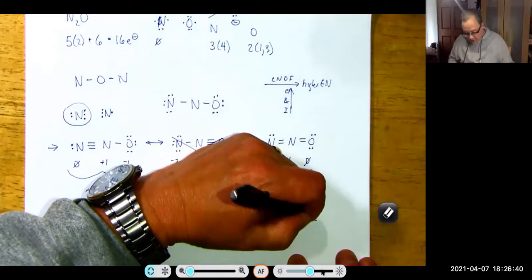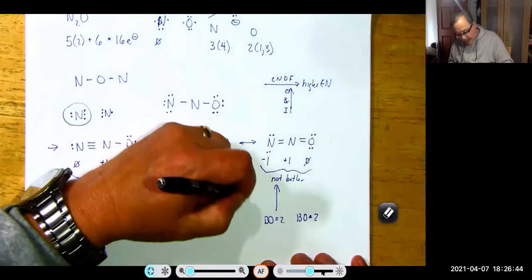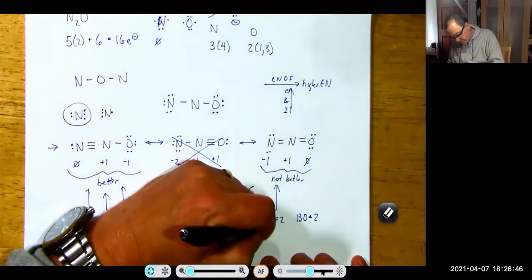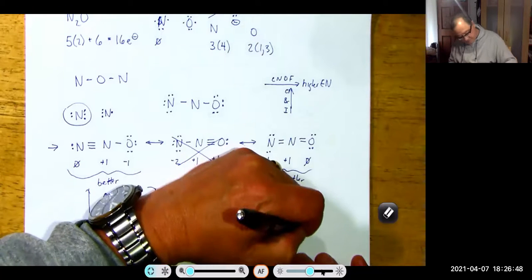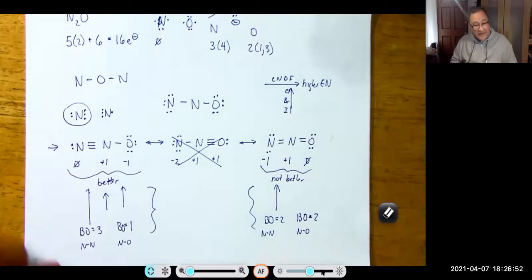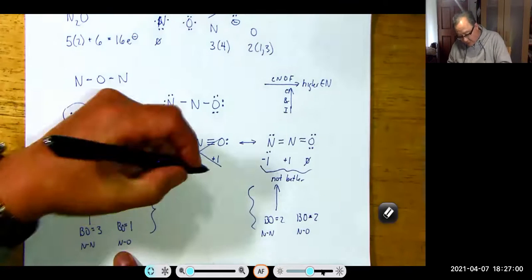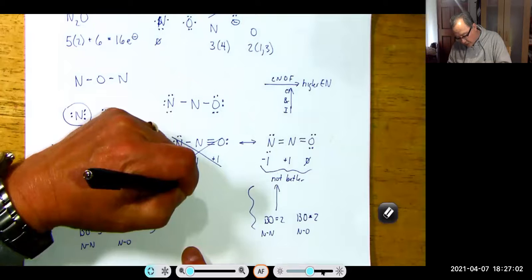Now, when the structures are equal, the actual bond order is averaged. So here I'm just putting NN and NO so that we know it's between nitrogen and nitrogen and nitrogen and oxygen respectively. If they're equal, we get the average bond orders.